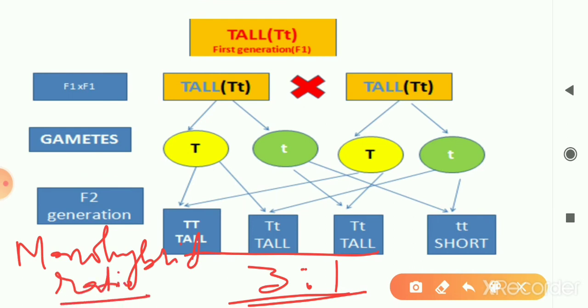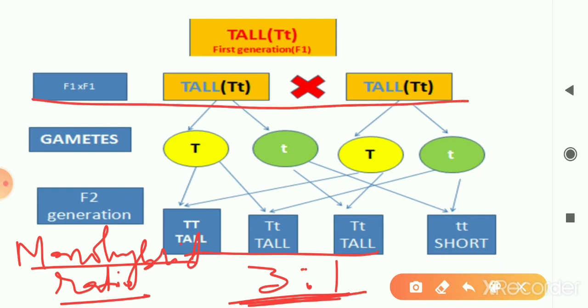This monohybrid ratio is the ratio of the F2 progeny that is formed when a monohybrid cross is done and the F1 generation plants are made to self-pollinate or self-breed. So the ratio obtained in the F2 generation is what is called the monohybrid ratio.